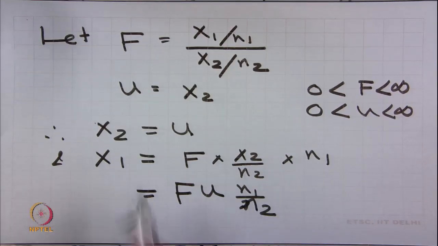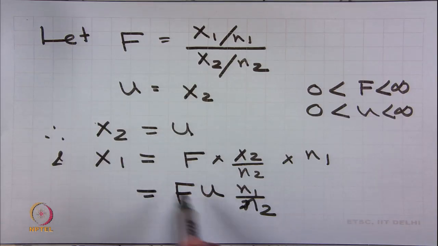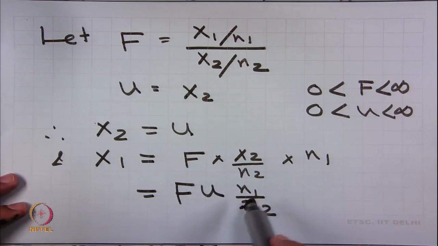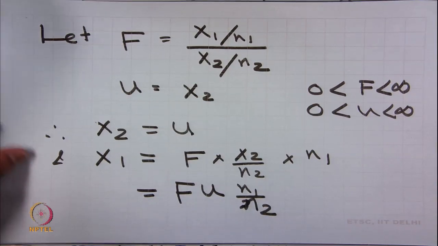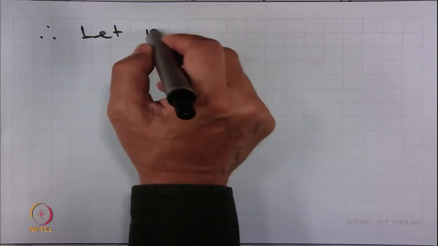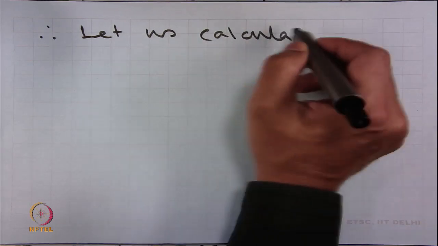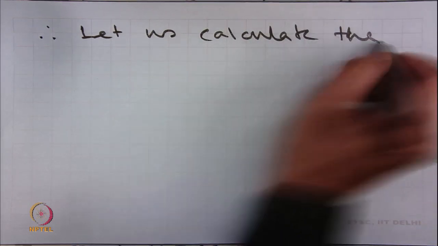What we get? x2 is equal to u and x1 is equal to f u n1 upon n2. Therefore, let us calculate the Jacobian.